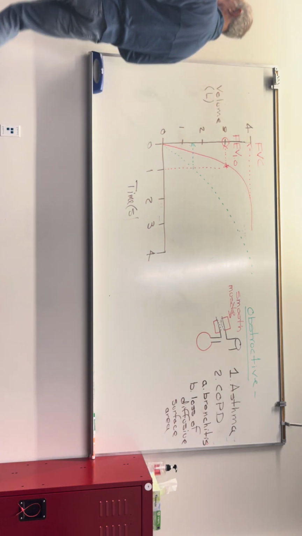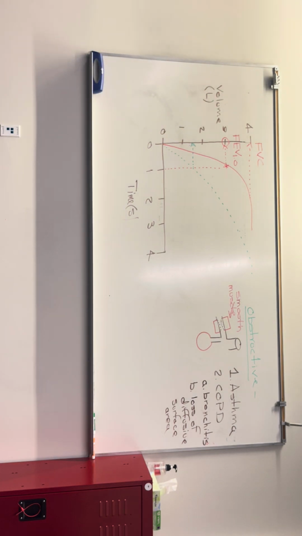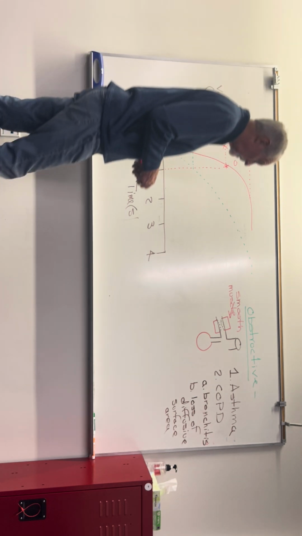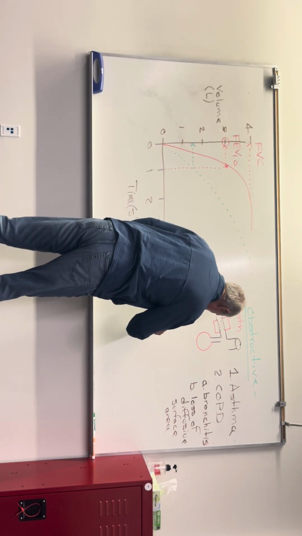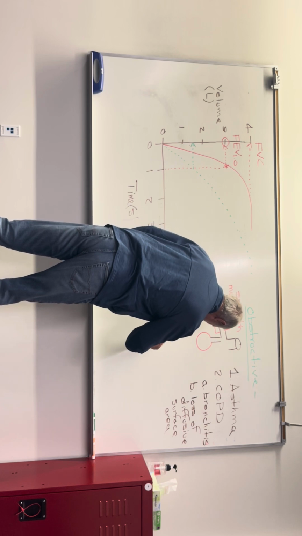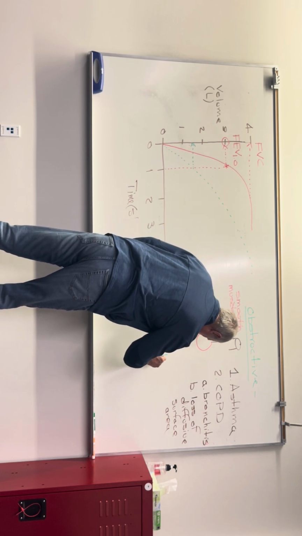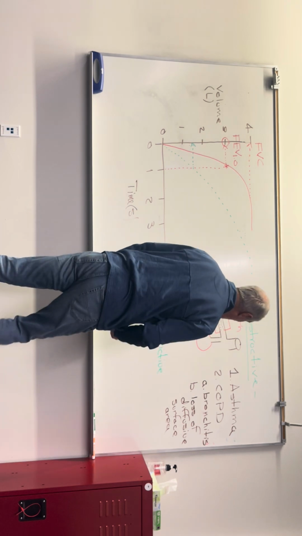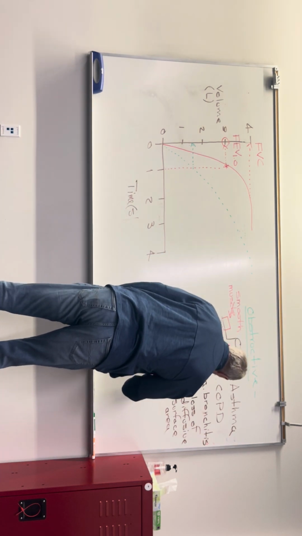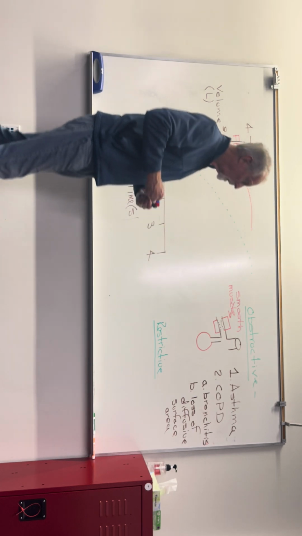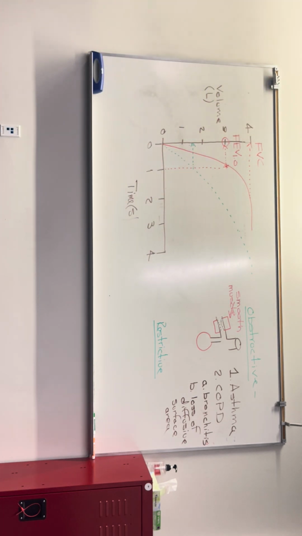Okay, that's some simple background with regards to obstructive lung disease. The other type of lung disease is referred to as restrictive lung disease. That also is a good term, I think. Here's what that term means.